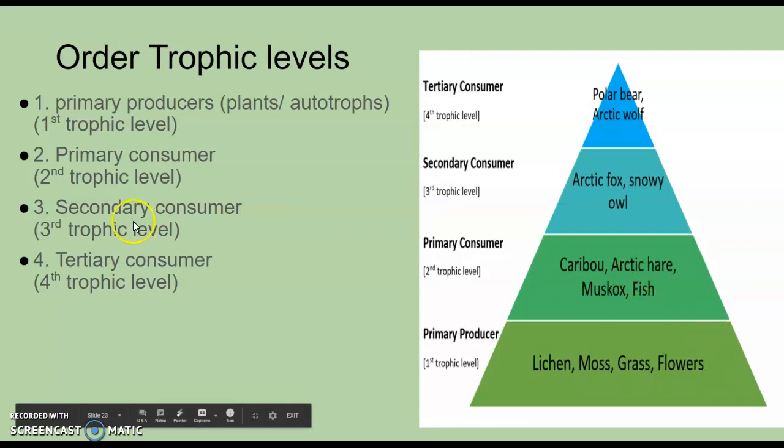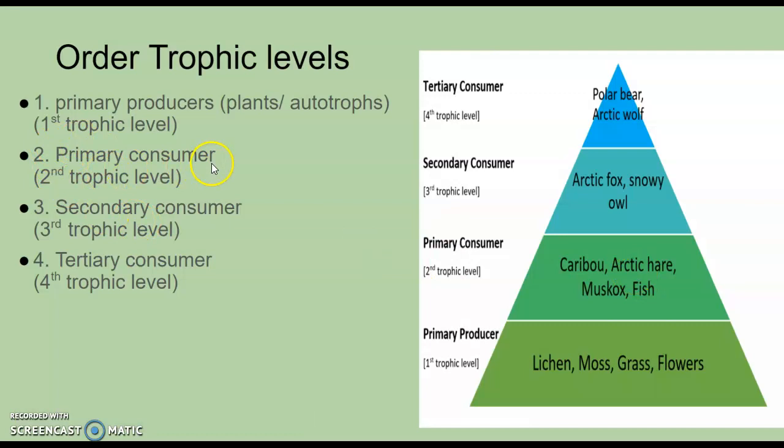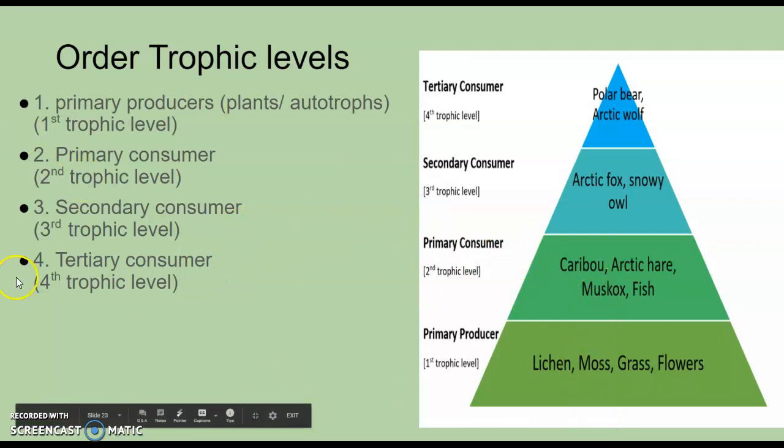Next, I have my primary consumers. So primary means first, right? Producers means autotroph, consumer means heterotroph. So these are my first kind of heterotrophs. These are going to be the things that eat the plants.